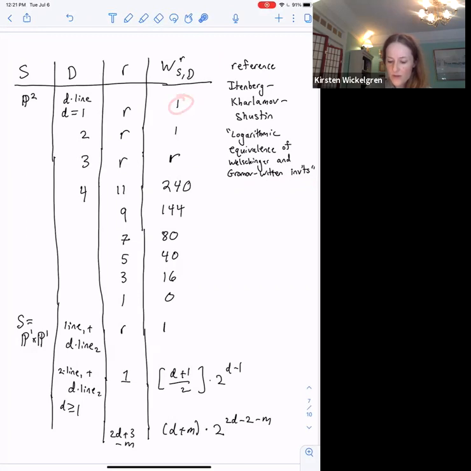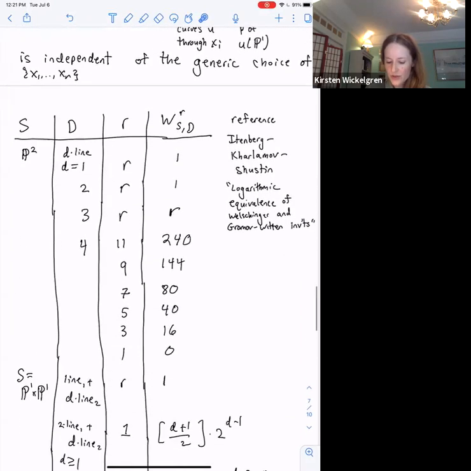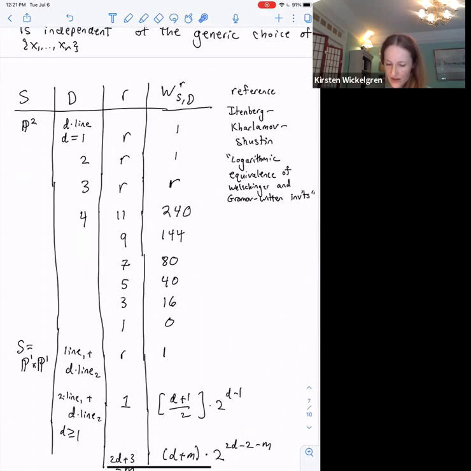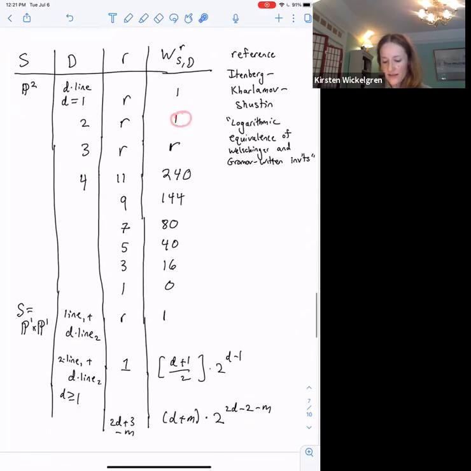There's still one real curve through any two points on P2, and through the degree 2 curves through 5 points. I didn't write n here. There's still one. And then if you take r real points and (8 minus r) divided by 2 complex conjugate points, you'll get a weighted count, and therefore at least r real curves through those points.